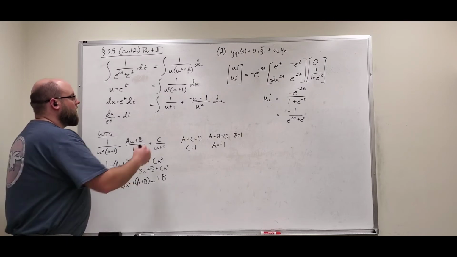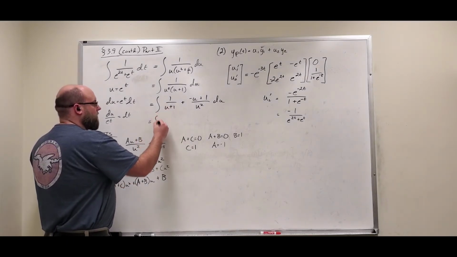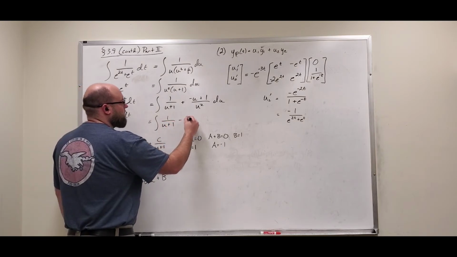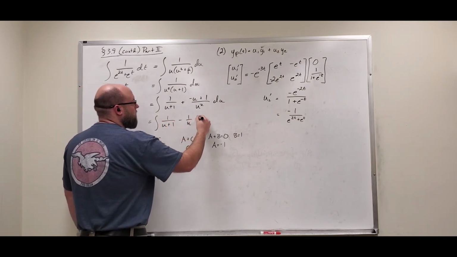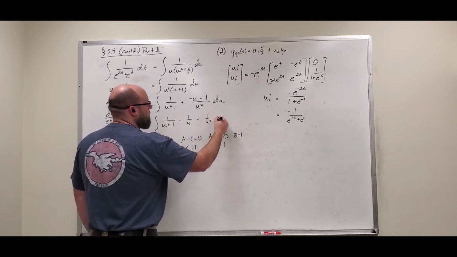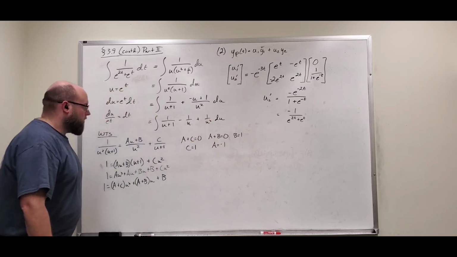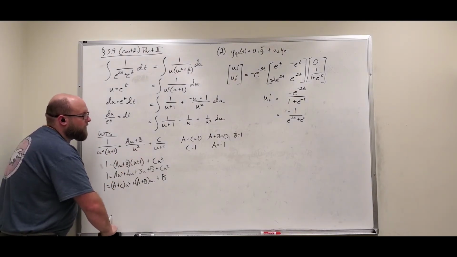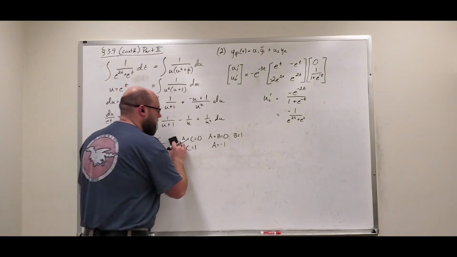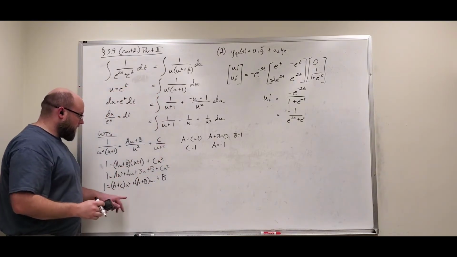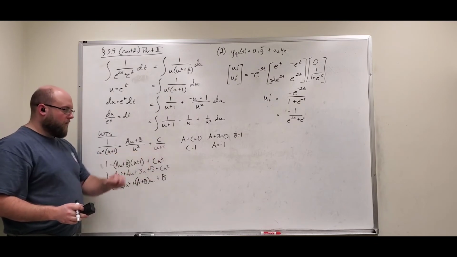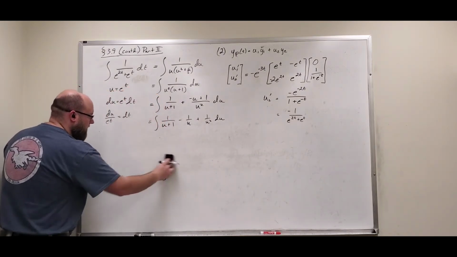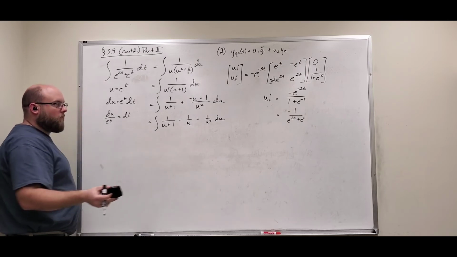I'm going to separate that one out to make it a little bit easier. 1 over u plus 1 minus 1 over u plus 1 over u squared du. All right, for those that are keeping track, I am going to erase this right now because I need to save room. Again, this is how we found A, B, and C on that. So there goes my work to the side, and now I am ready to finish this problem out.